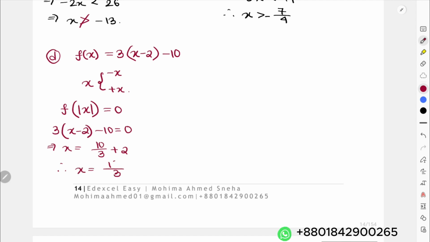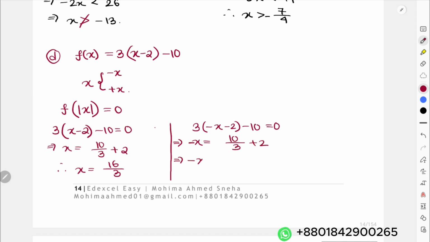Then again carry out the same equation for your negative value of x. So you get minus x minus 2 minus 10 equals 0. And after this you get x equals 10 by 3 plus 2.